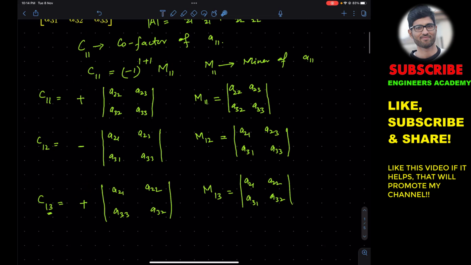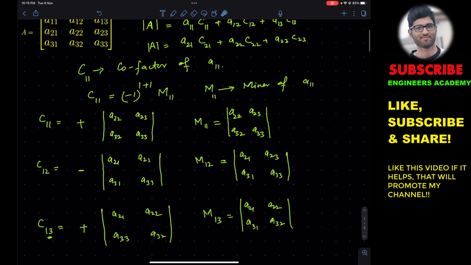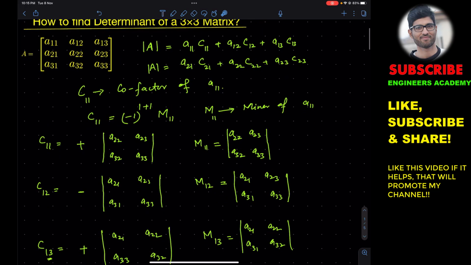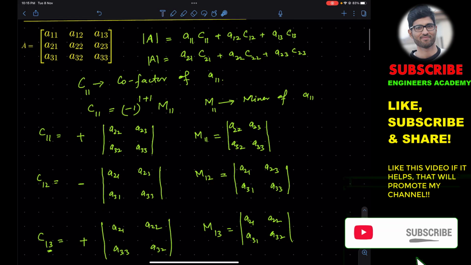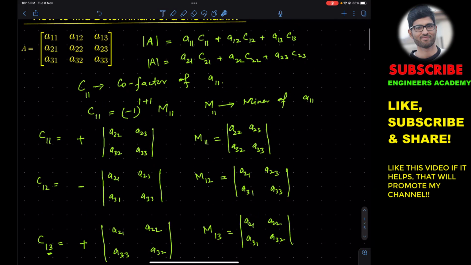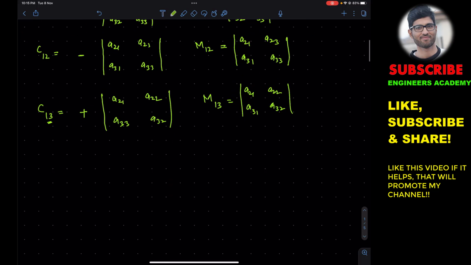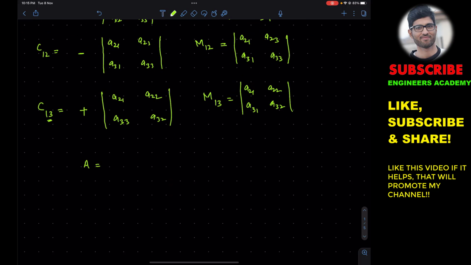So for that, we will find a matrix that has that pattern of signs. Let me write the A matrix here. Now we will find the matrix for the sign pattern.